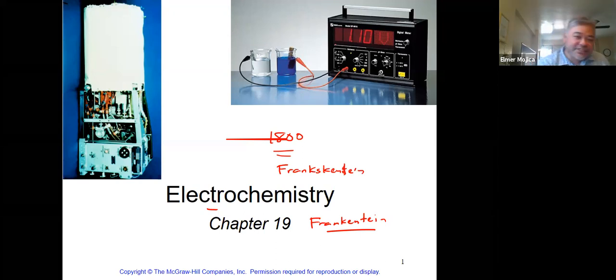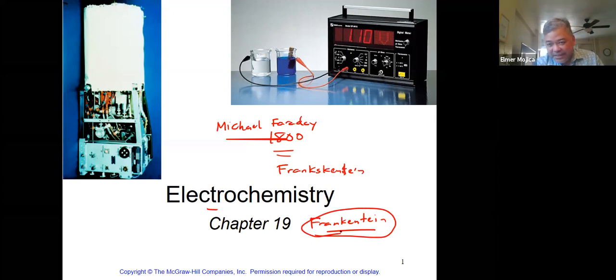Okay? But during that time, Michael Faraday was trying to see how he can use electricity. Now, what do you think the basis of Frankenstein was? An Italian scientist by the name of Luigi Galvani applied some current to a dead frog, and they saw it moving.